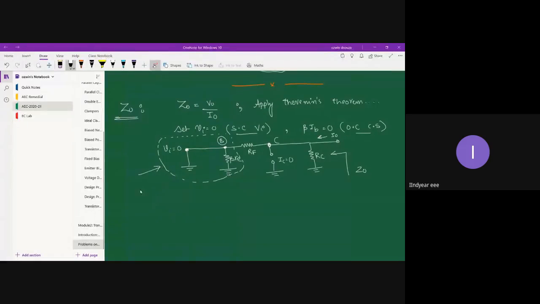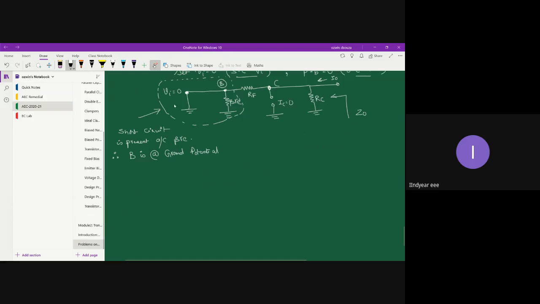That means a short circuit is present across beta RE, therefore the base is at ground potential. This base terminal is held at ground potential due to the short circuit introduced at the input source Vi. Taking that into consideration, let me rewrite the circuit.